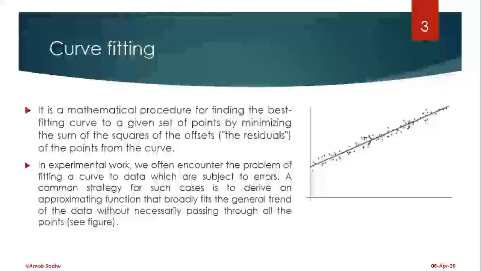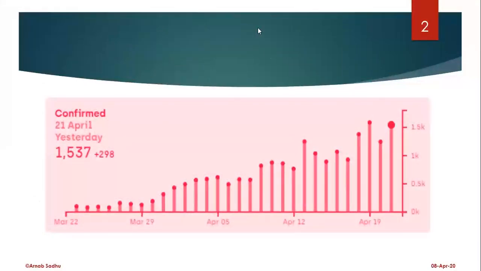See, the reason is this. You can draw a straight line like this, and somebody else can say no, this straight line is not perfect for me. He can draw a straight line like this, and somebody else will draw this.